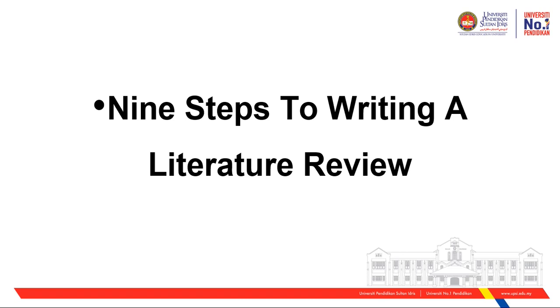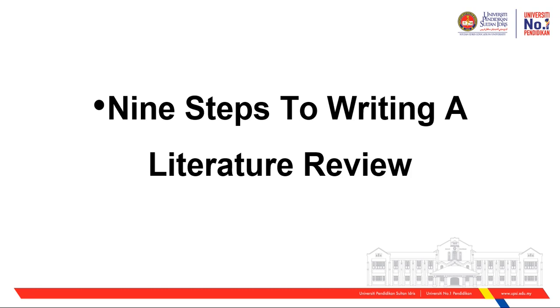Alright, so this is just 9 steps to writing a literature review. Not necessarily these 9 steps. This is just a kind of guideline. When you do the literature review, you will basically know what to do next. I will show you later, after this, the steps and tips on how to write the literature review, so that you know what information you need to find.